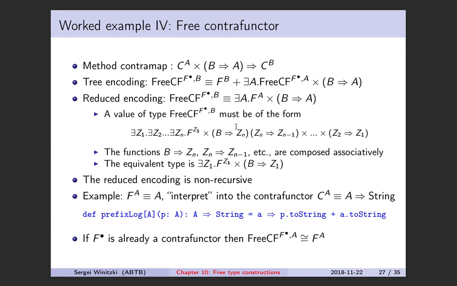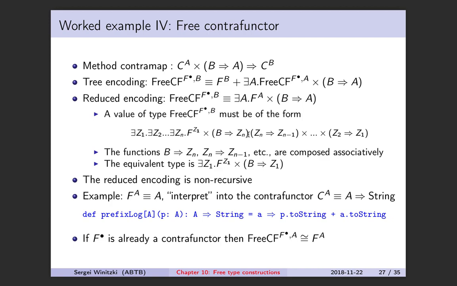We add a few terms of this kind with products of functions and existential quantifiers. The difference between this and the free functor is the opposite directions of the function arrows. So this starts with z1, and then we have a function z2 to z1, and so on, zn to zn minus 1, b to zn, and the result is a contrafunctor parameterized by b.